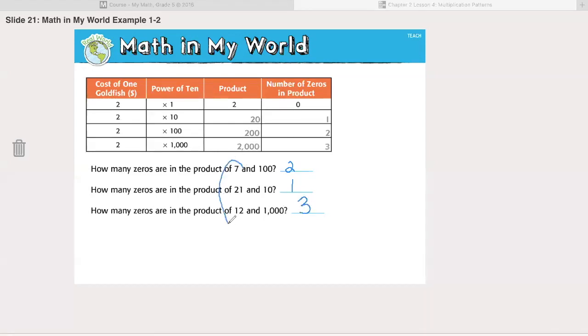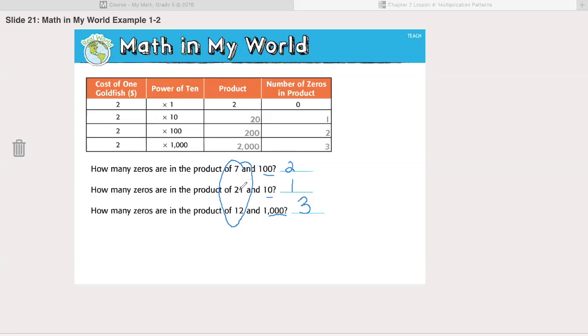As long as the factor being multiplied by the power of 10 does not have a zero in it itself, then the number of zeros depends on the power of 10. Given that there are no zeros in these factors, if I multiply one of these factors by 100, and 100 contains 2 zeros, I'm going to have 2 zeros.